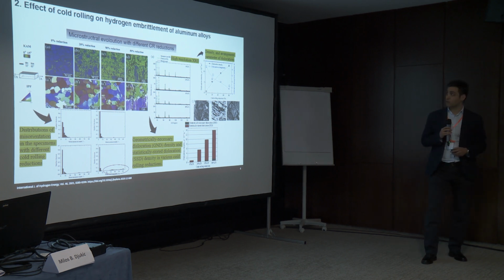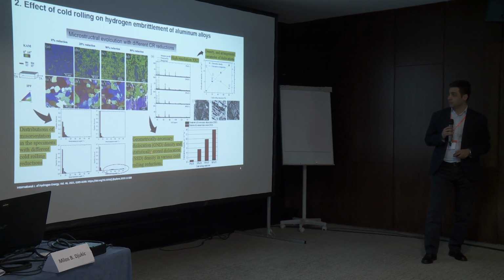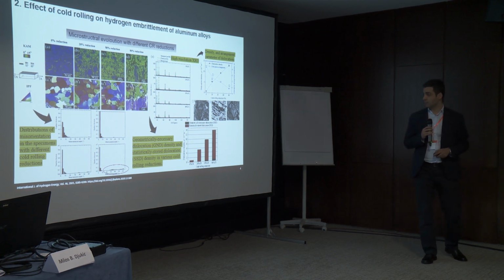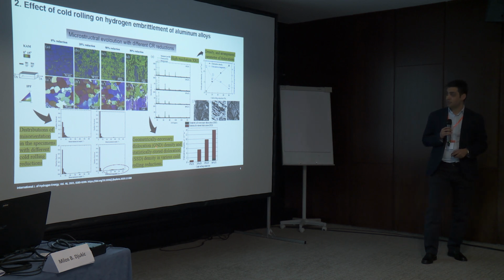We introduced pre-deformation to the material, and then looked at the changes in different parameters. Especially, we've seen here that the distribution of the different kinds of dislocations, like GND and SSD, can be effective, especially when we consider the arrangement of the dislocations.